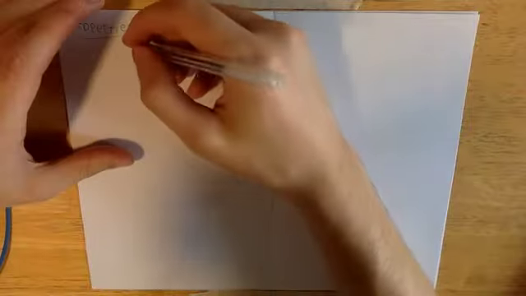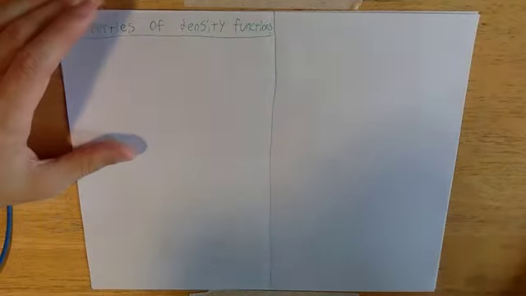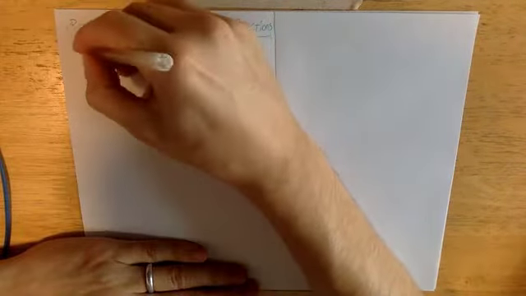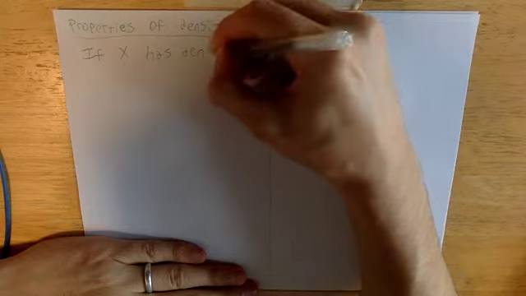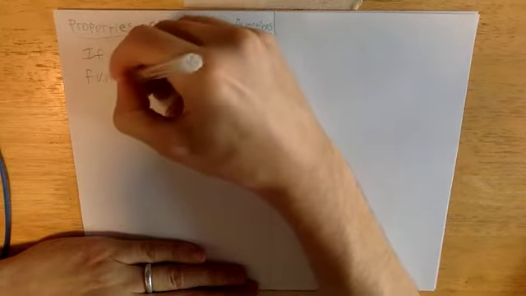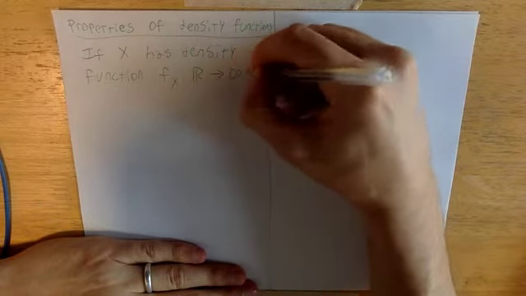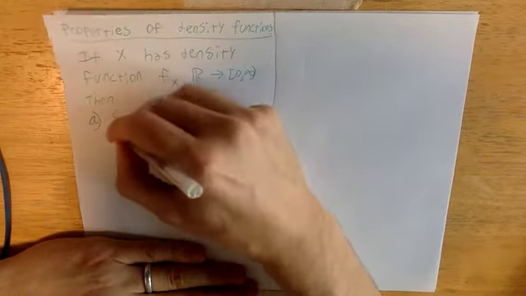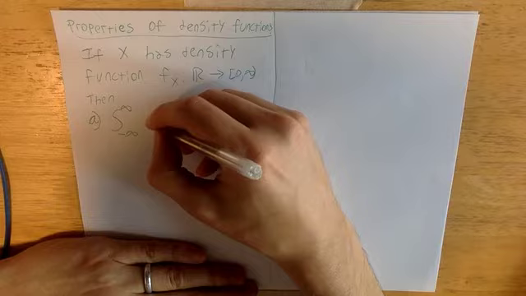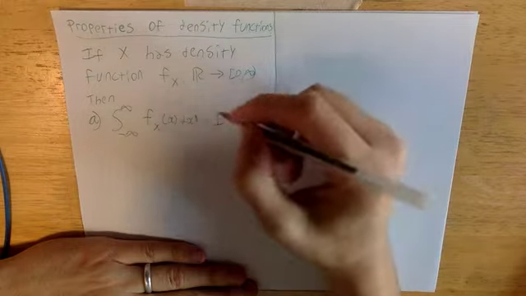If x has density function f_x from R to [0, infinity), then the first property is that the integral from minus infinity to infinity of f_x(x) dx is equal to 1.